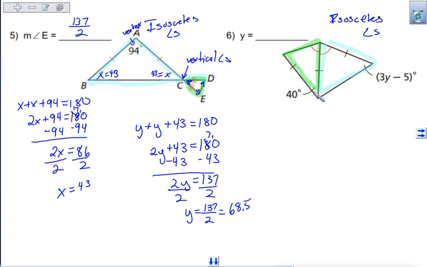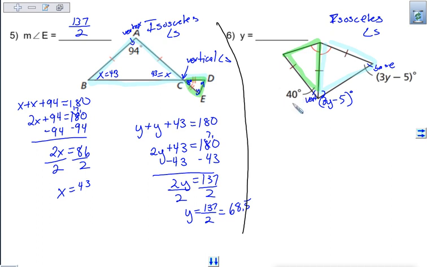And on our left triangle, we are given the vertex angle. On our right triangle, we are given the base angle. So we also know the other base angle is congruent, so this other angle is also 3y minus 5 degrees. Now let's find the missing angles in the left-hand triangle.